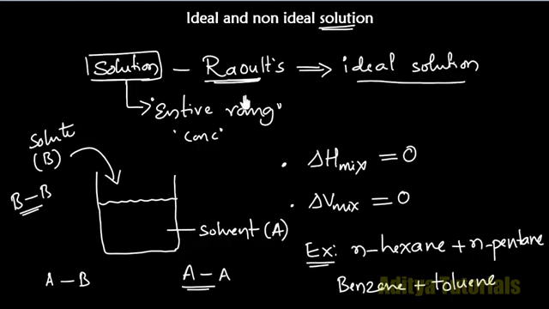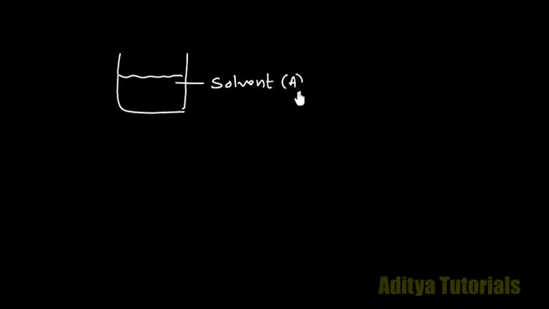Okay, so let's see what the non-ideal solutions are. For the non-ideal solution, I take the same container, and in this container I take a solvent, which I name solvent A, and in that I am going to add a solute, and the name of the solute here is B. Now we are discussing non-ideal solutions.